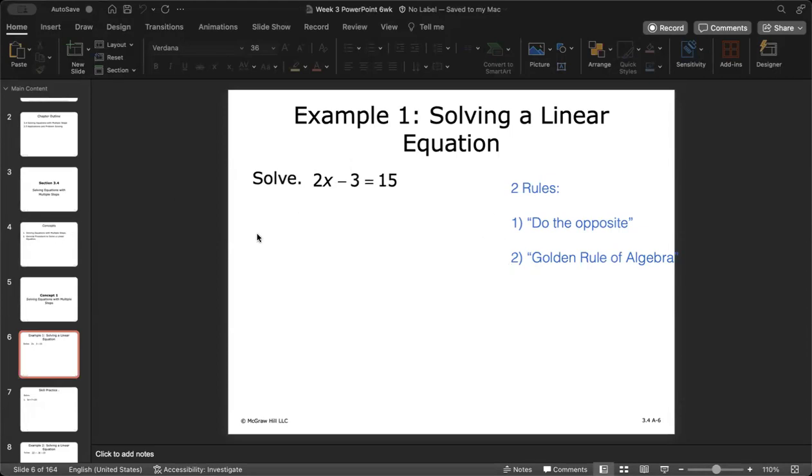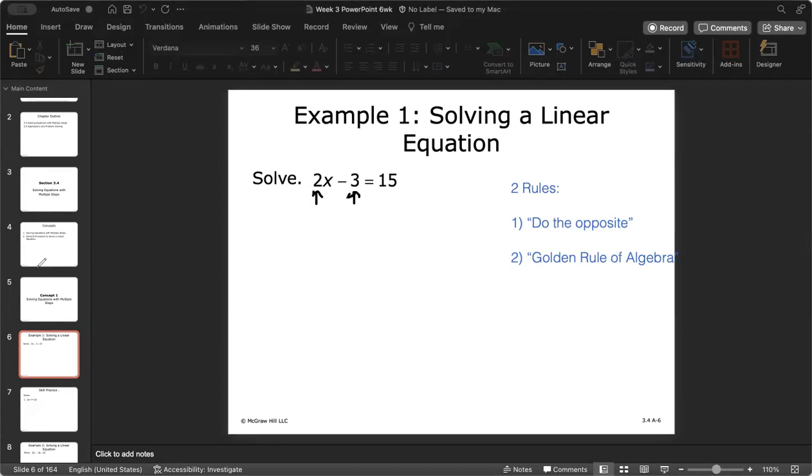As I mentioned, the goal is to get x on one side and everything else to the other side. When we take a look at where the x is, notice there's multiple stuff. We have a 2 in front and a 3 with it on the same side. I want to get rid of those, and I think I know how to do it, but in what order?